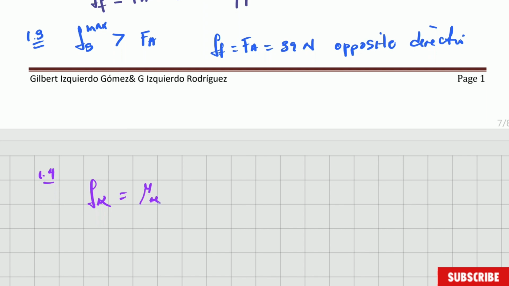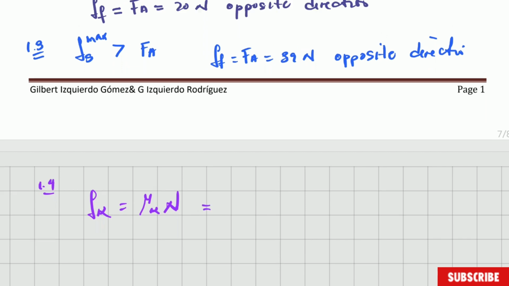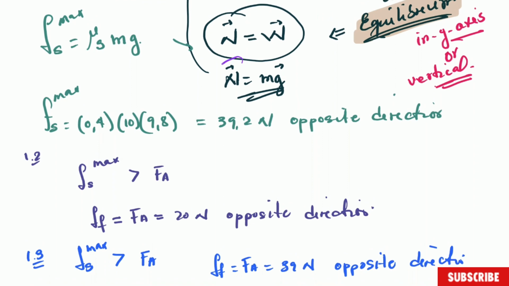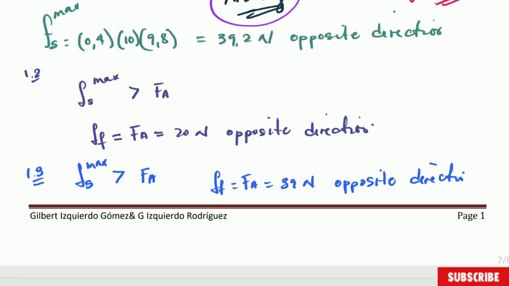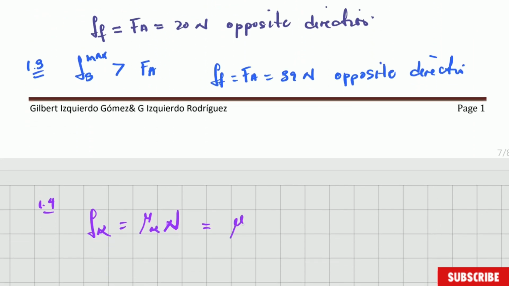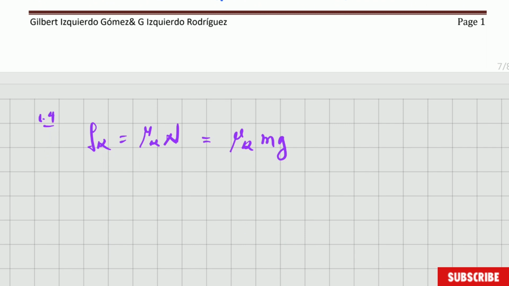So it's the kinetic coefficient of friction multiplied by normal. Normal is exactly the same, it doesn't change. So in other words, in this situation, normal, remember, is mg. Remember, it's not a formula. So this one is the kinetic coefficient of friction multiplied by mass multiplied by acceleration due to gravity.